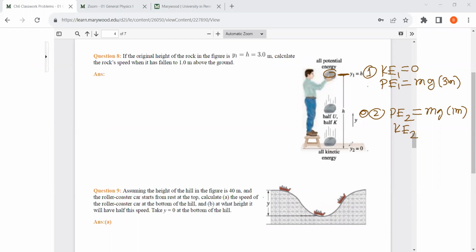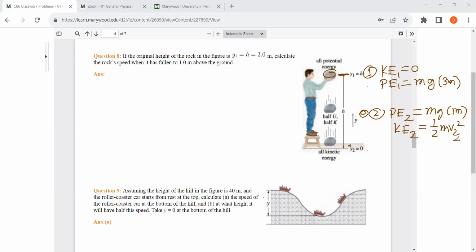The kinetic energy would be 0 only after it hits the ground, when the kinetic energy and all the energy is converted into something else, the thermal energy or sound energy or light energy. But we will have kinetic energy here, and that will be half m v2 square. Basically we have to calculate the v2 at this position.